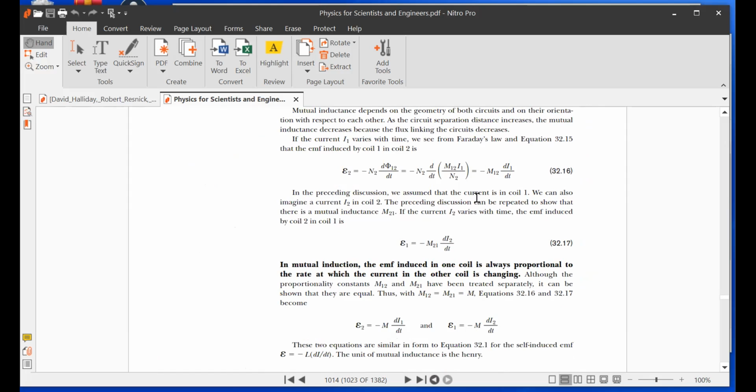So if the mutual is not the same, there is no relation between epsilon 2 and epsilon 1. If this is not ideal, then for example in epsilon 2, in the second coil, it would be this.